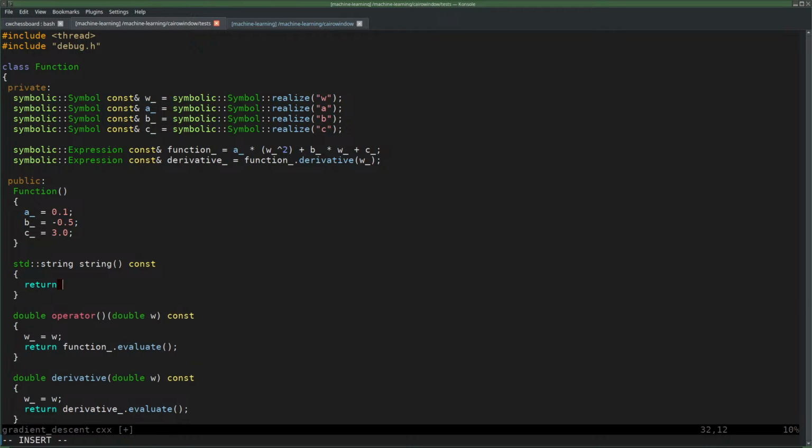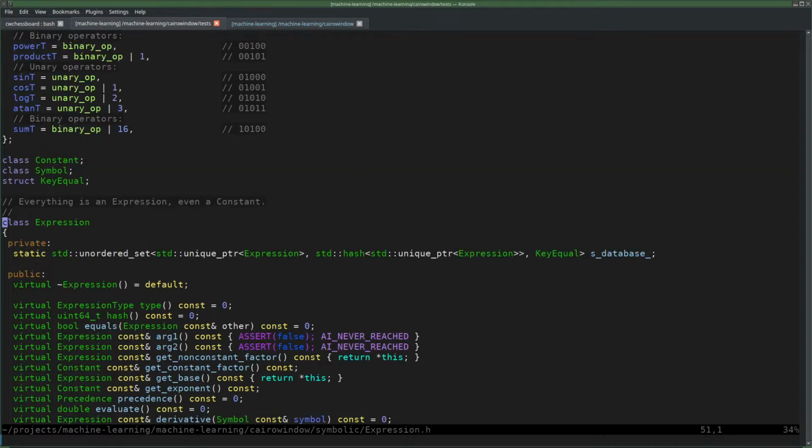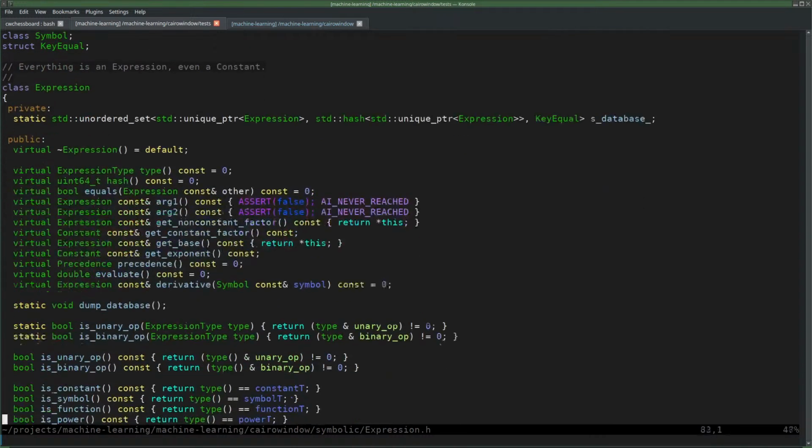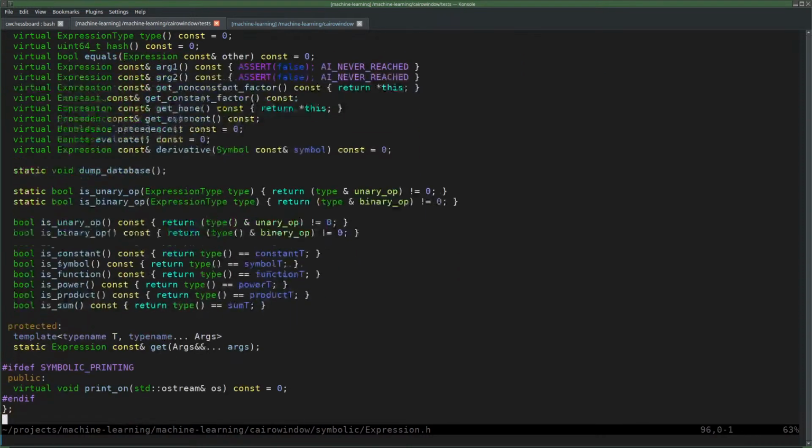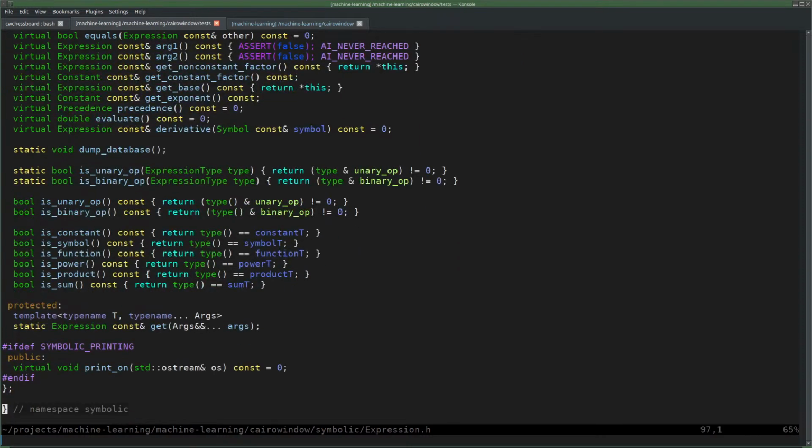I think I can only write it to an O string, huh? Or not. Expression. Yep, can only go print on.